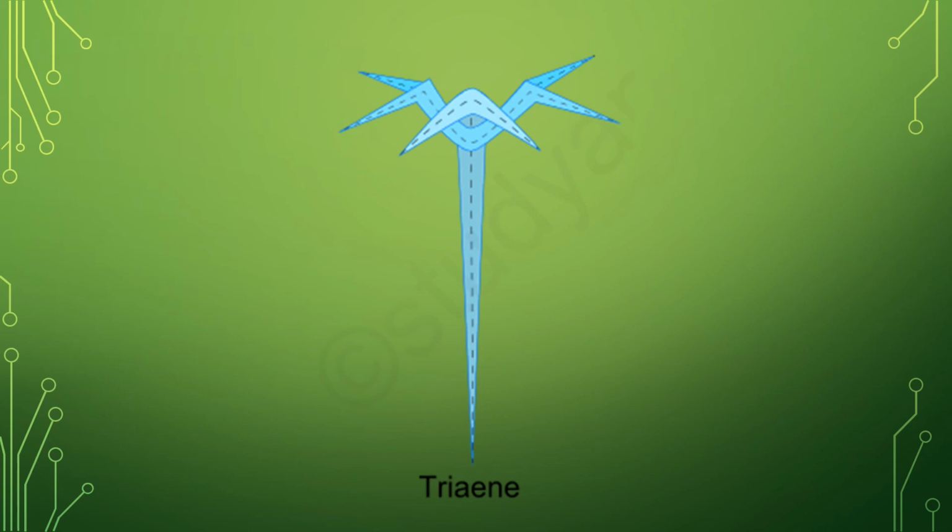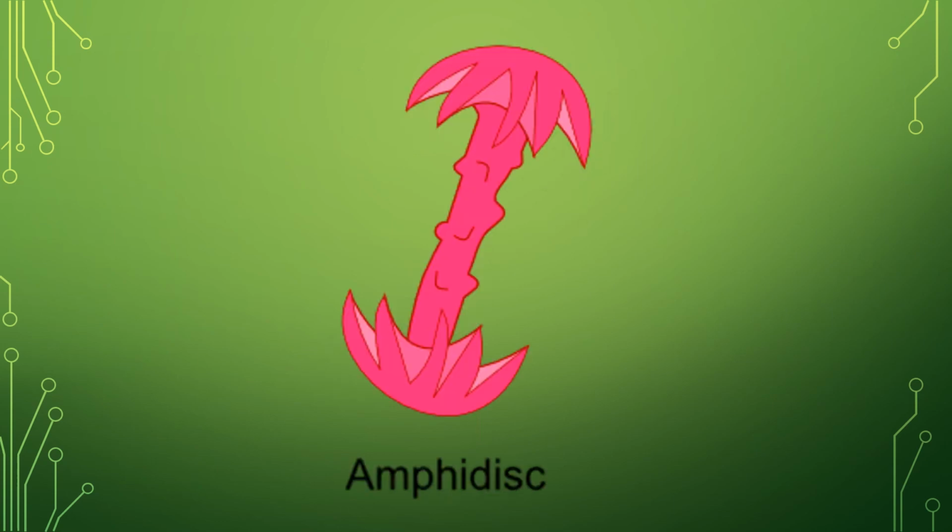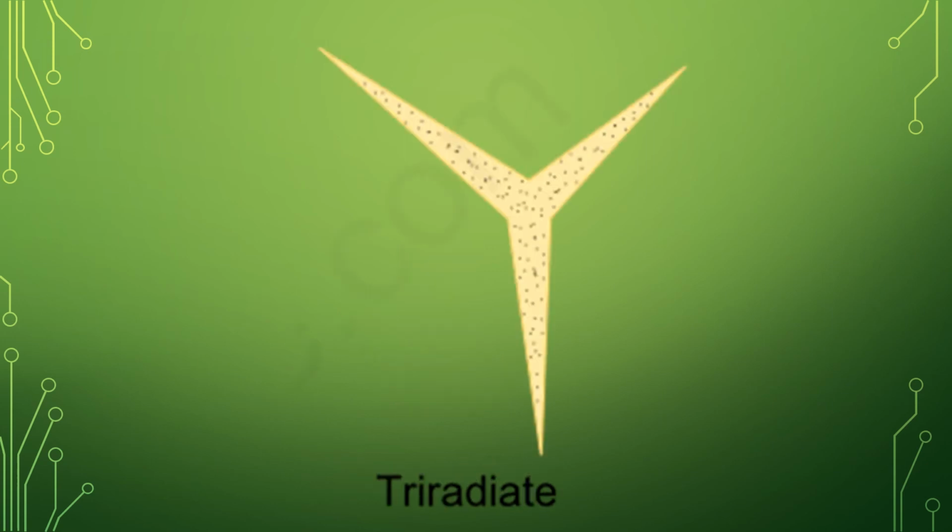Here one ray is elongated with a crown of three smaller rays. Third one is amphidisc. Here elongated ray bears disc at both the ends, as you can see in this diagram. Fourth one is triradiate or triod. Here elongated ray is offset.